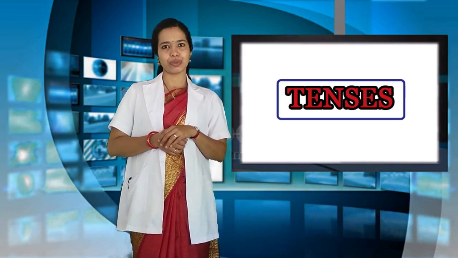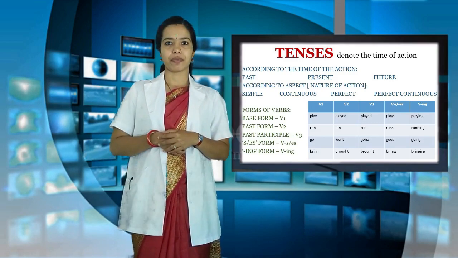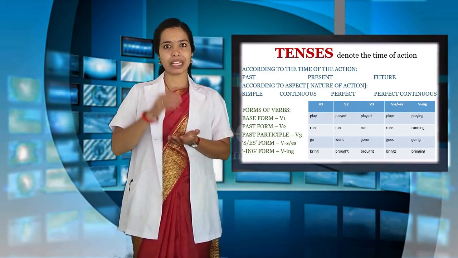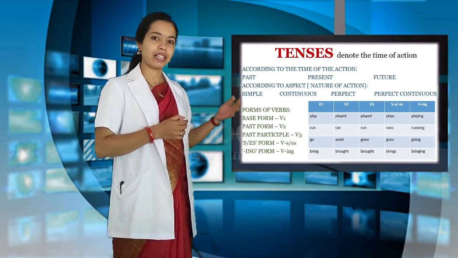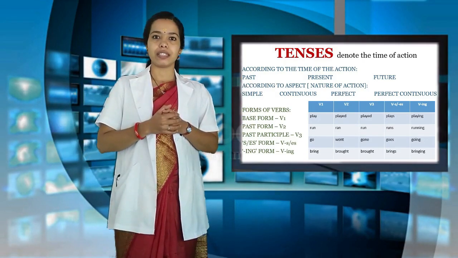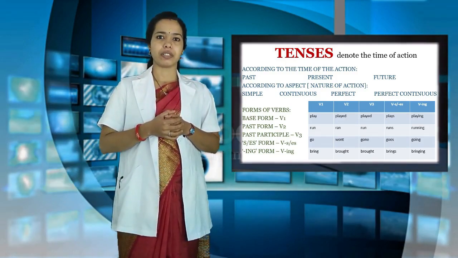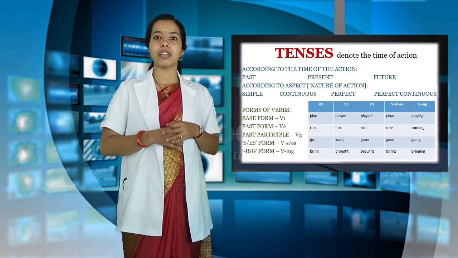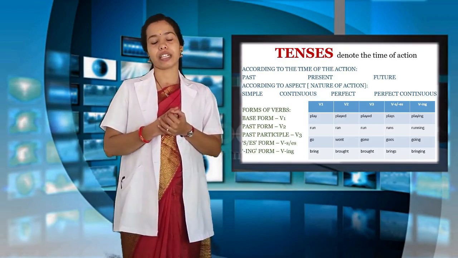And as you know, tenses denote the time of action, the time when an action actually happens. So according to the time of the action, we have past, present and future tenses. And each of these tenses denotes the time of that particular action. But these three tenses alone sometimes cannot describe the nature of that action.